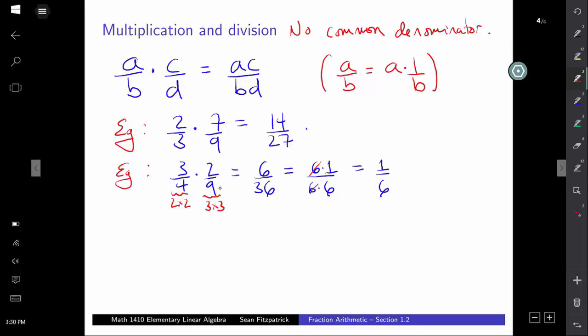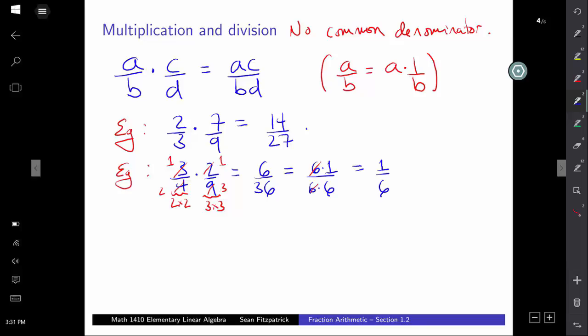You could put the 3 on the right, you could move the 2 to the left, and say this 3 is going to cancel with that 9 and leave me with a 3 here and a 1 here. The 2 is going to cancel with the 4, leave me with a 1 here and a 2 here. And then you simply have 1 times 1 divided by 2 times 3, you get your 1 over 6 right away. So when you're multiplying, it's often useful to look for cancellations right away because it's going to simplify your arithmetic.